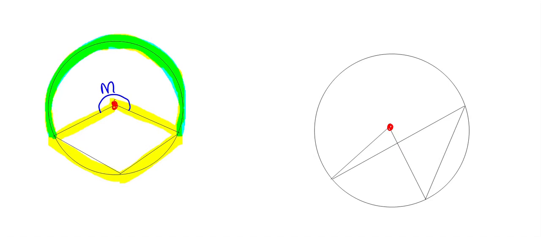Let's call that N. So we can use the concept that angle at center is twice angle at circumference. M equals 2 times the one at circumference.